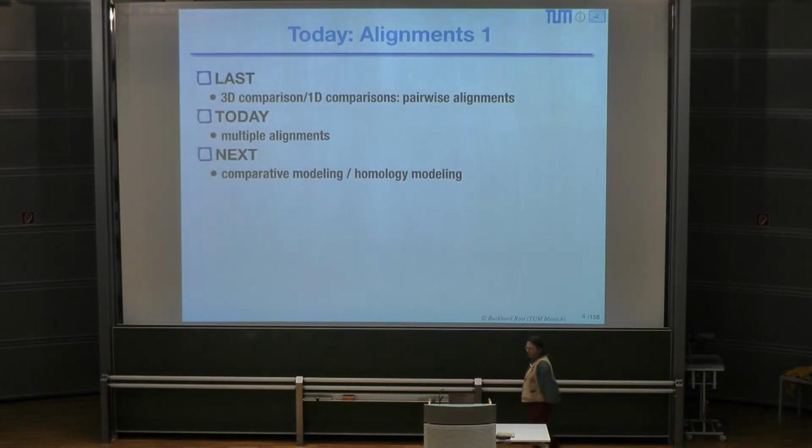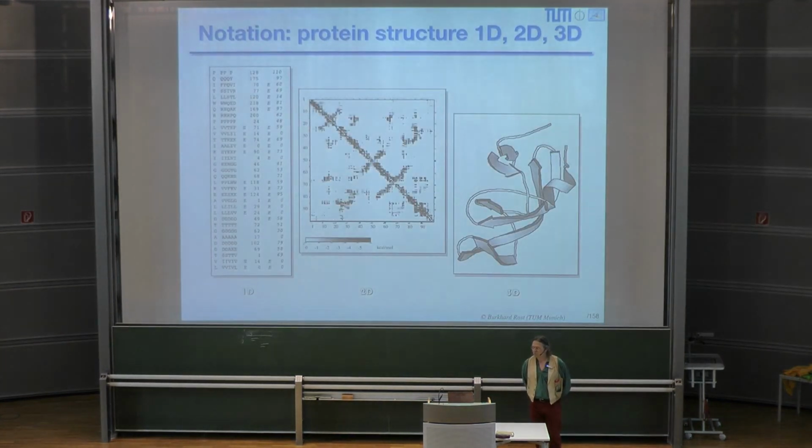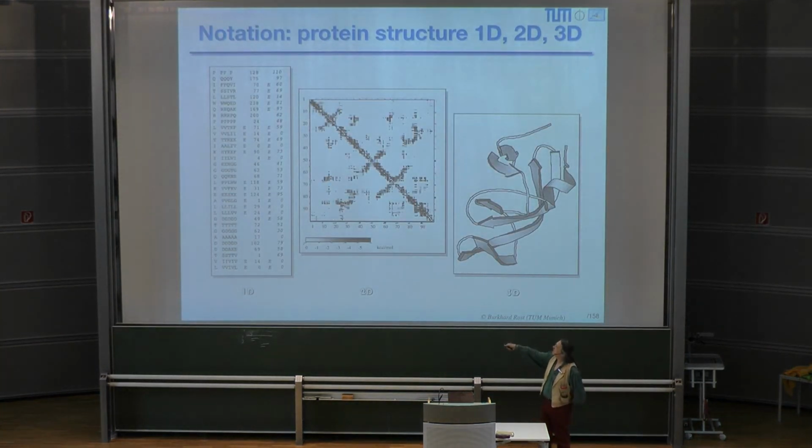Okay, last week we spoke about 1D alignments and 3D comparisons, and we're going to go on today about multiple alignments. Let's recap 3D comparisons. There's a version of 1D strings, 2D contacts or distances between residues, one residue to another residue.